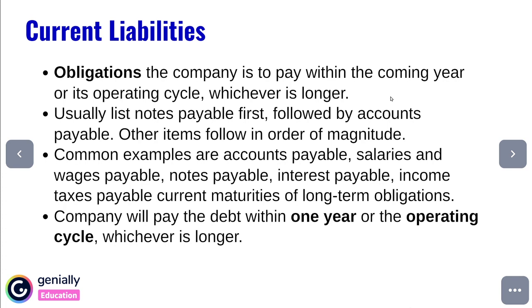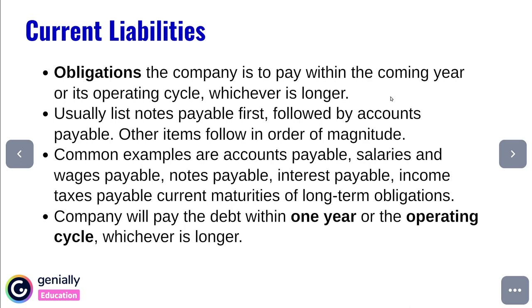Okay, so what kind of item can we consider as a current liability? Usually the list starts with notes payable, which is what you borrow from the bank in the short term with a promissory note.